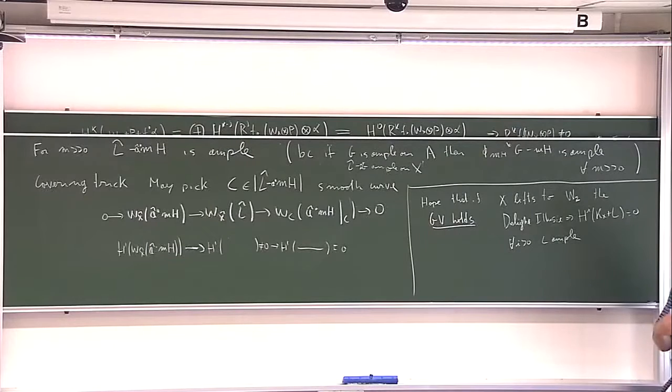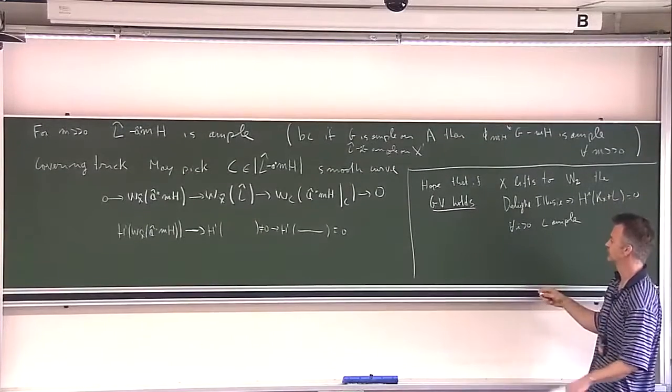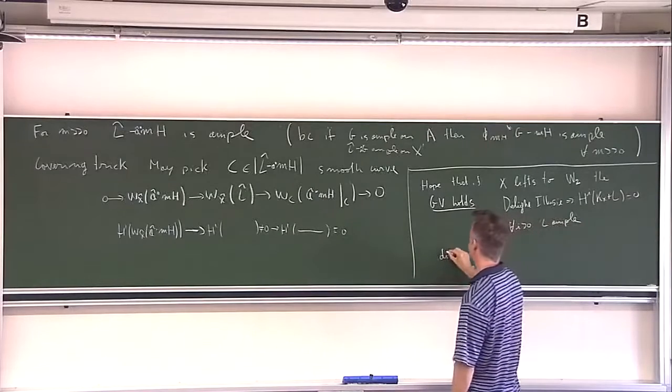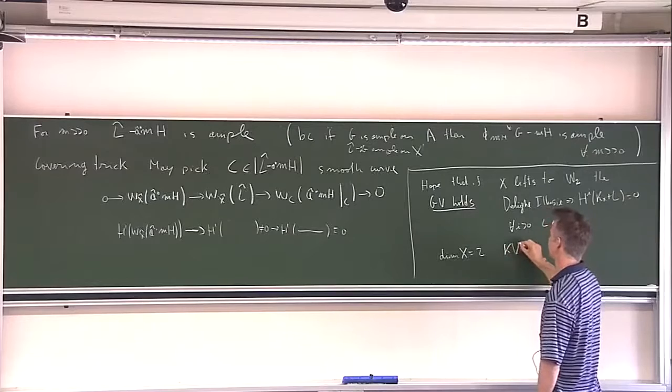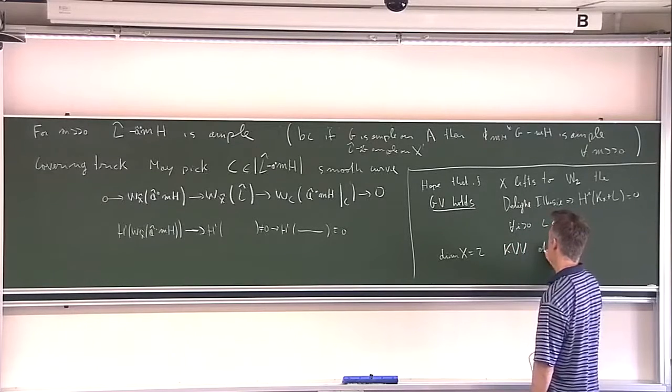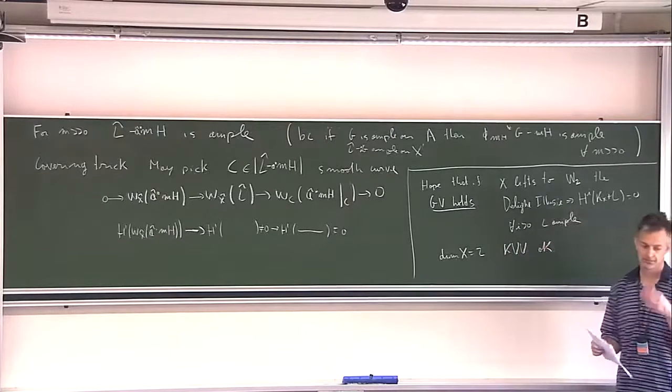So it's a good substitute for Kodaira vanishing, but even Kawamata-Viehweg vanishing is not known to hold in this context, unless you assume some stronger liftability condition, except for surfaces. So if the dimension of X is equal to 2, then Kawamata-Viehweg vanishing is okay.